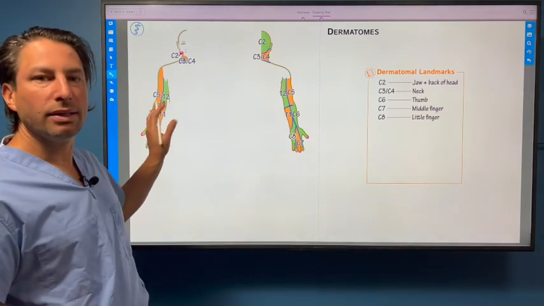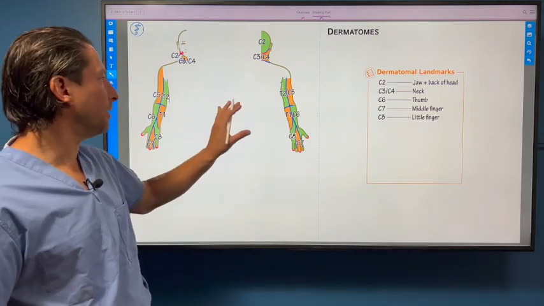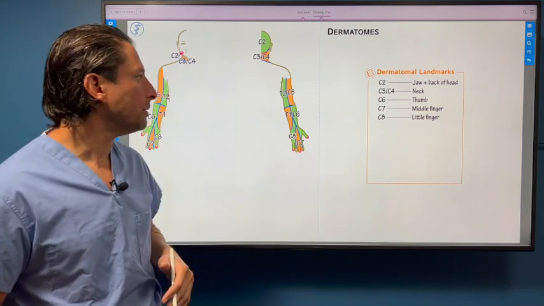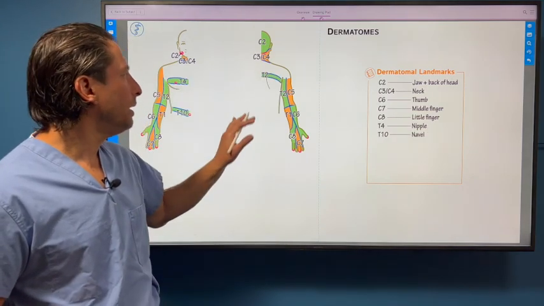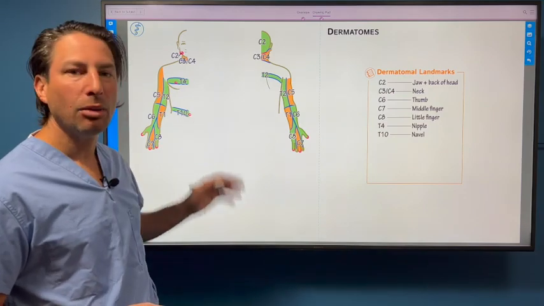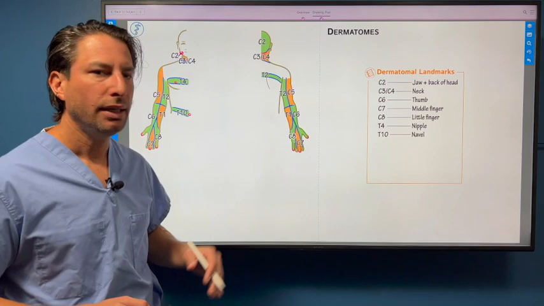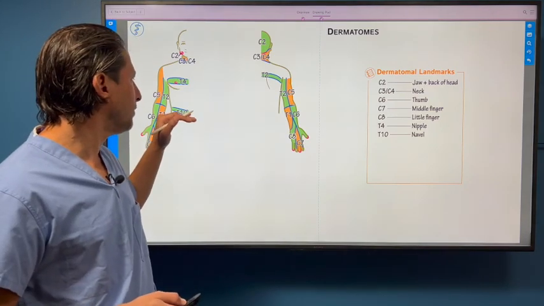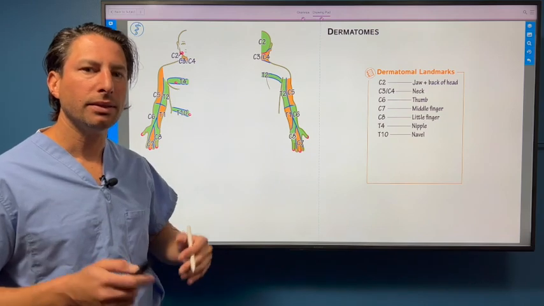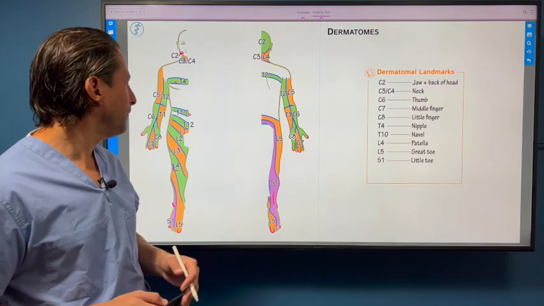And you'll notice that things are very similar on the anterior as they are on the posterior. So if you know one, you'll be able to intuit the other. T4, nipple line, important site. T10, umbilicus, important site, especially in spinal cord injuries. For localization, it's helpful to know about the nipple line and the umbilicus as a way to localize at a thoracic level where the injury is.